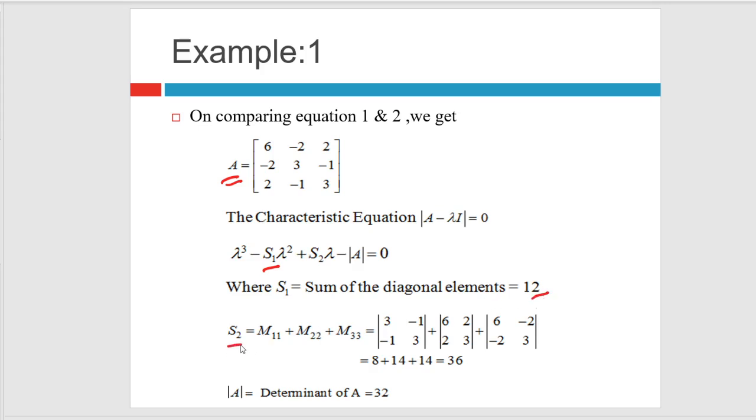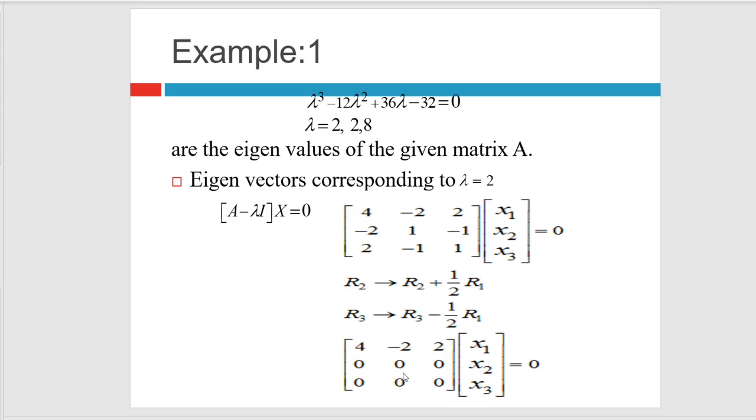Then S2, the minors at the diagonal positions, has value 36, then determinant of A equals 32. After that we get the equation lambda cube minus 12 lambda square plus 36 lambda minus 32 equal to 0. After solving this, we get the factors 2, 2, 8, which are the required eigenvalues.